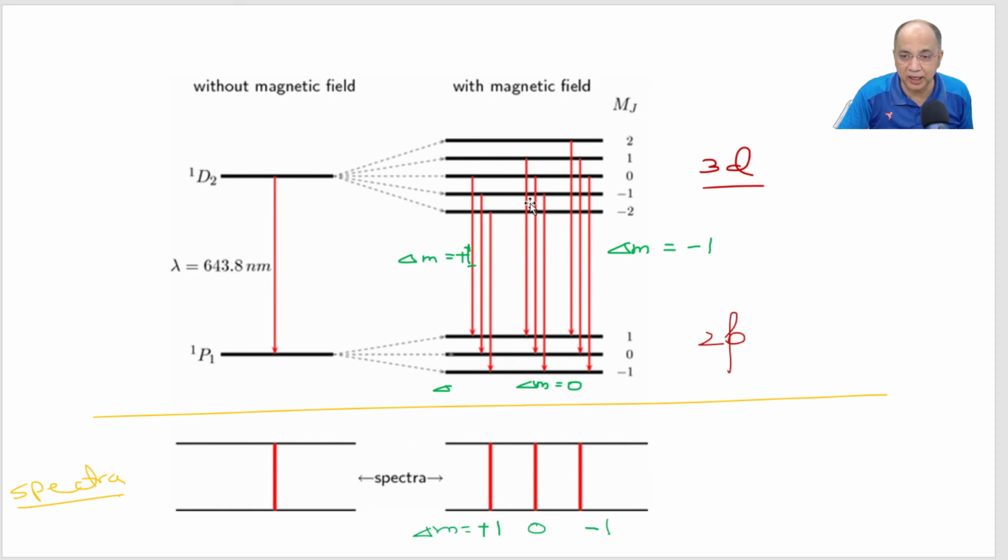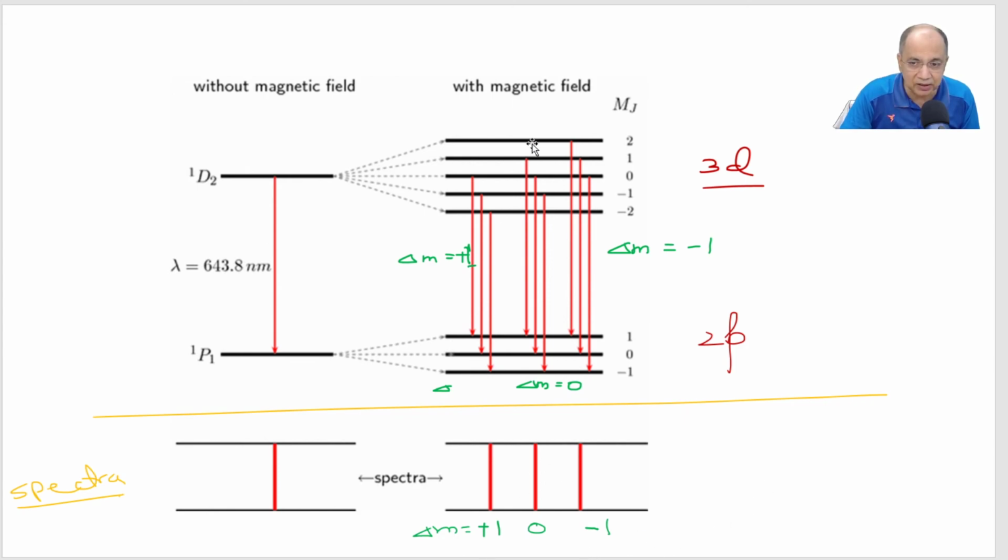Here delta m is 0, I have already told you. These transitions involve the intermediate transition energy where delta m is equal to 0, and these three belong to the same transition energy value where delta m is equal to -1, and the minimum energy will be where delta m is equal to +1. All of them belong to a single transition energy, these three single, these three single, so only 3 lines.